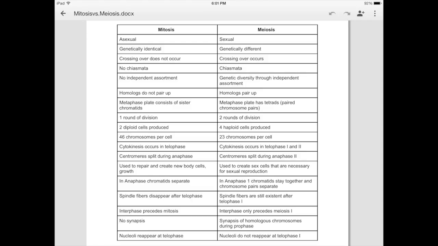The metaphase plate consists of sister chromatids in mitosis, but the metaphase plate has tetrads, which are paired chromosome pairs, in meiosis. In mitosis, there is one round of division, while in meiosis there are 2 rounds of division. Mitosis produces 2 diploid cells, and meiosis produces 4 haploid cells.